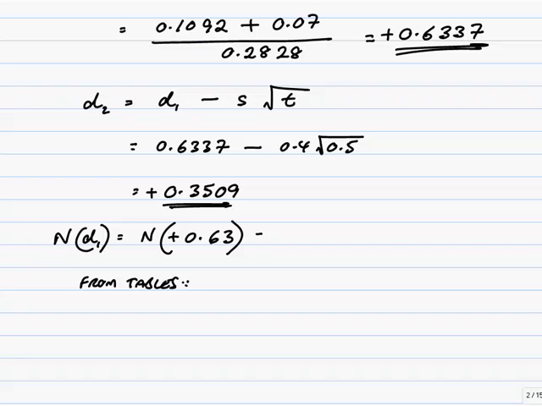We go along that row, and the headings at the top give you a second decimal place. So the first column will give you 0.60, the second column 0.61, 0.62 and so on. So we want the 0.6 row, and the column that is 0.03.